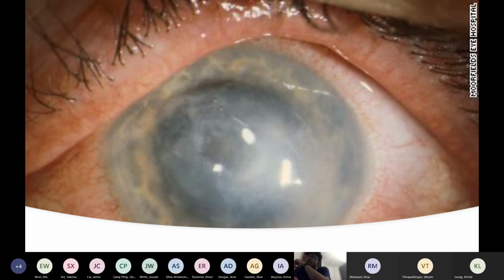Does anyone know what the diagnosis here is? The clue is the pupil looks swollen and disgusting, and there's no hypopyon.